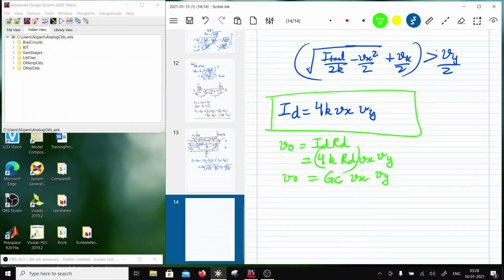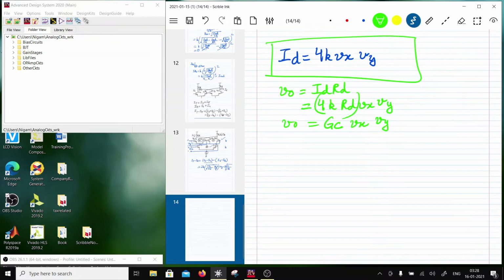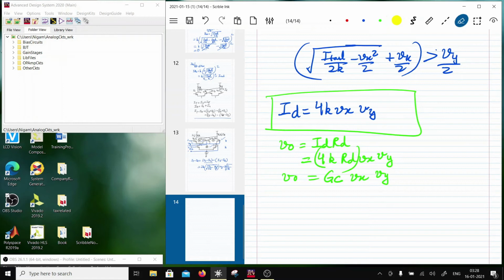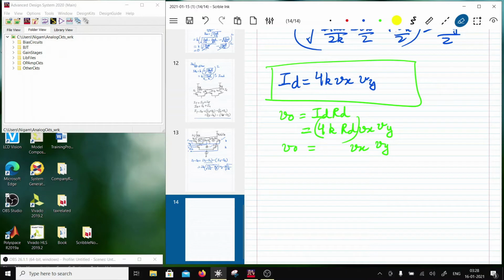So if I consider Vo by Vx, one of them has to be absorbed, so in 4K I can absorb Vy, right?